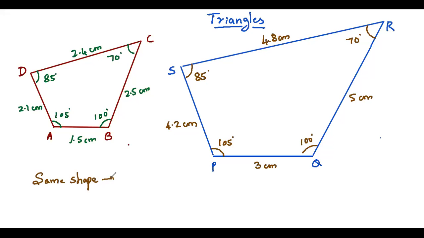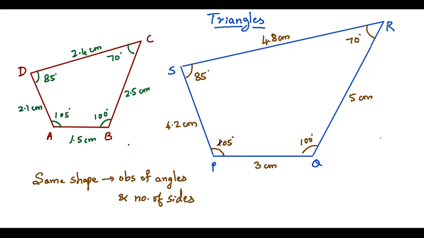Because based on the observation of the angles and number of sides. How many sides are there? Both the polygons have 4 sides only and their angles are the same. How?